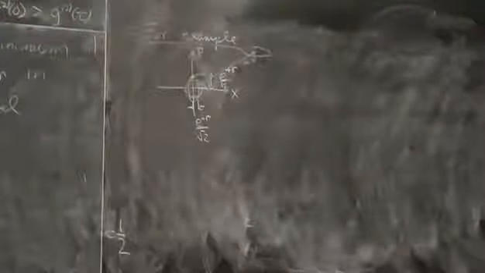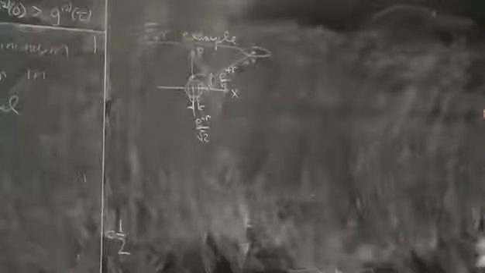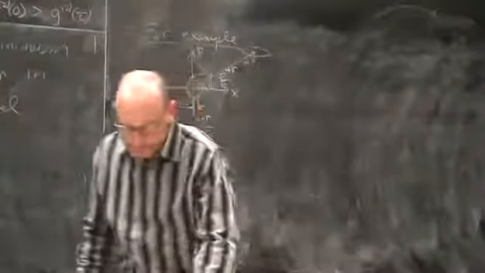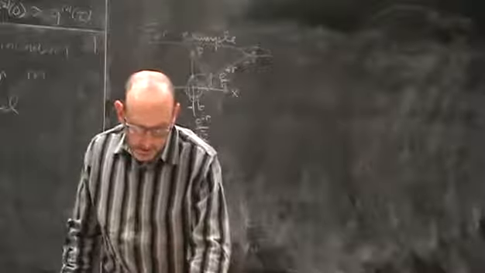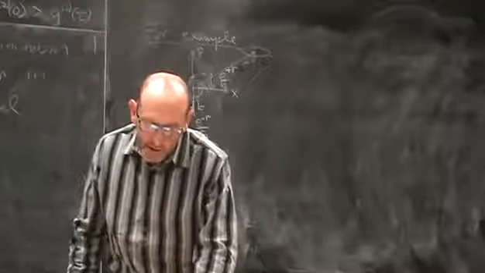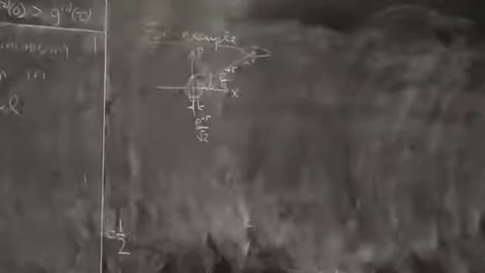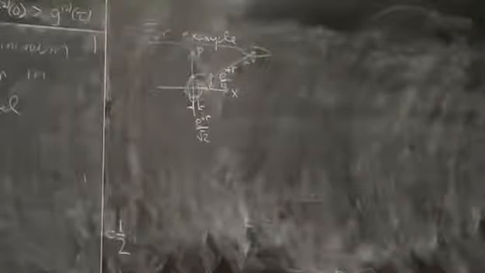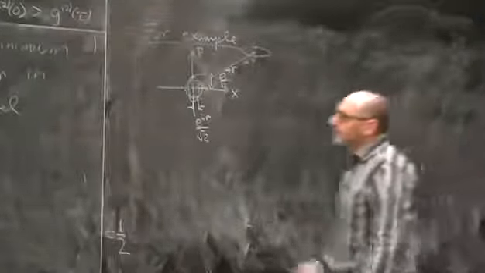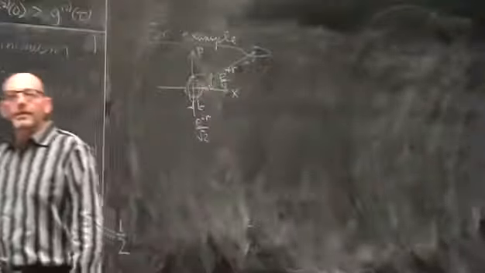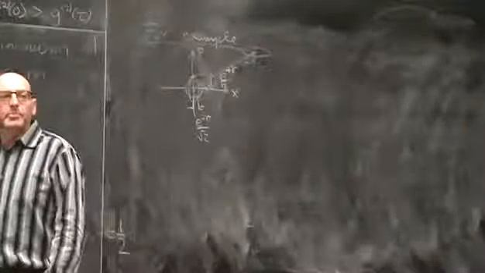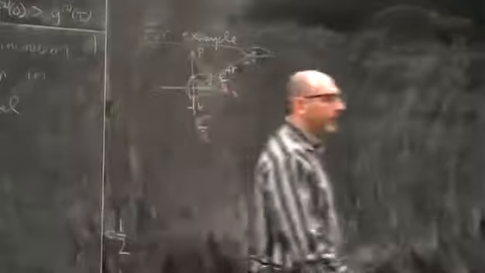So let's firstly think about why such a state must be non-classical. I claim that if this is true, then such a state cannot be thought of as a statistical mixture of coherent states.